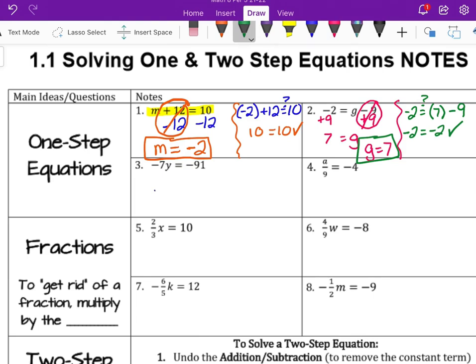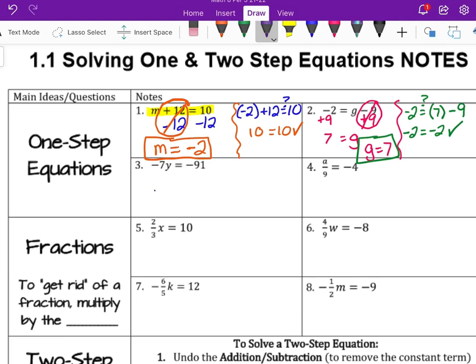Okay, number 3. We've got negative 7y equals negative 91. So what's going on between the variable and whatever's with it? In this case, it's just negative 7, and smush means multiply. So we have negative 7 times y equals negative 91.